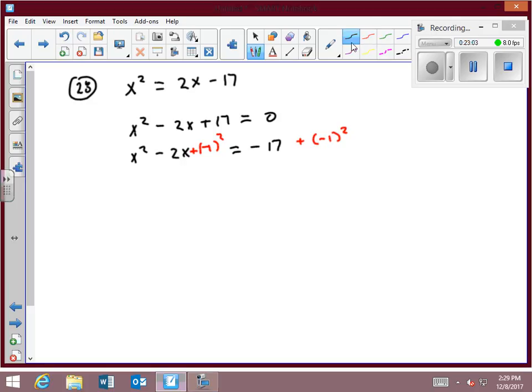So what is the left-hand side? X minus 1, the quantity squared. The right-hand side is actually going to be what? Negative 16, isn't that right? It's going to be minus 17 plus, when you square minus 1, it's a plus 1. So it's going to be a minus 16. I'll rewrite this thing.